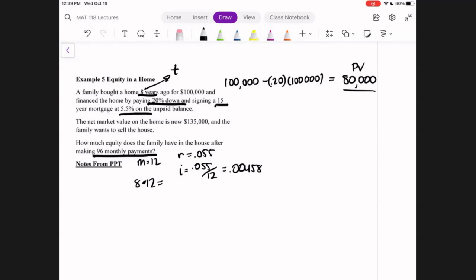So it's not 8 times 12. That is my mistake. It is 15 times 12. Right? So if we do 15 times 12, what do we get? We get 180. So that would be your N in here, would be 180. So let's key everything in. So we have, what would our monthly mortgage payment be? So we have our present value there. And then we put our interest rate on top.